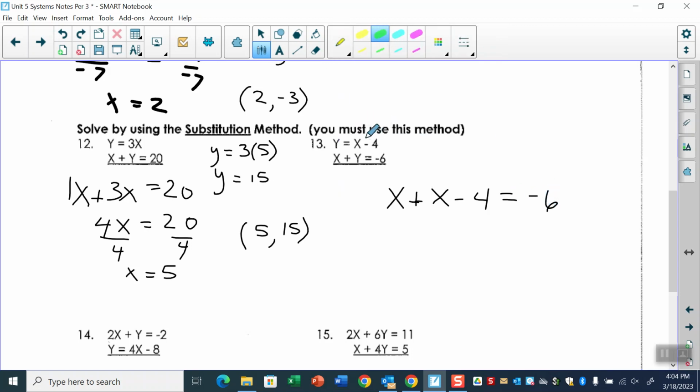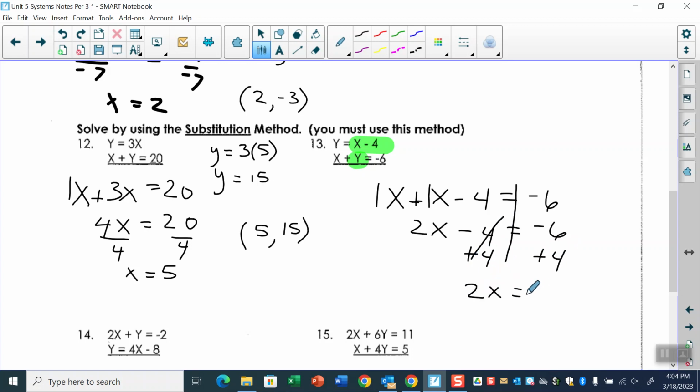So I am taking this and putting it in for y. Then I can solve this because I've got one variable. So x plus x is 2x. Bring down the -4. Now I'm going to add 4 to both sides.